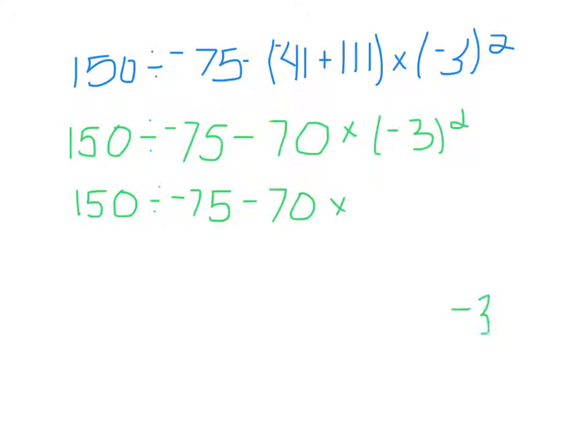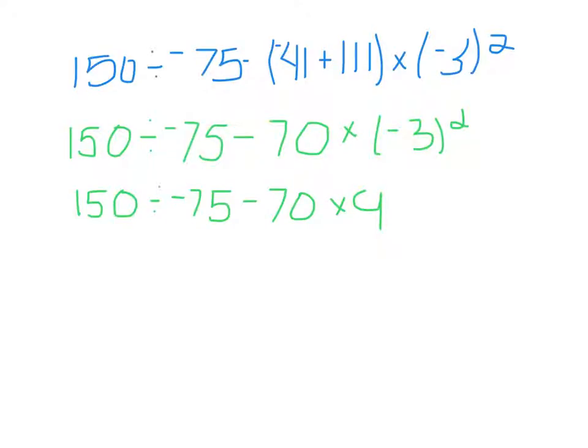Negative 3 times negative 3. I have two negative signs, so my answer is going to be positive. 3 times 3 equals 9. So times 9. I'll move the work so that way I have more room for later. So now I've gotten rid of my parentheses, my exponents.